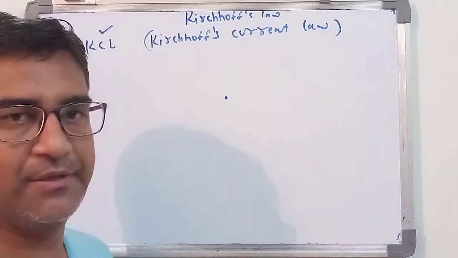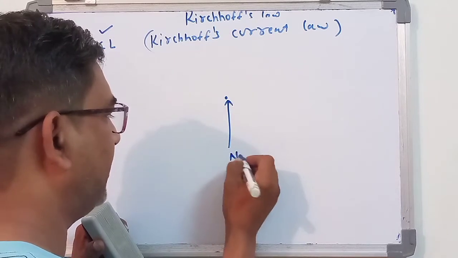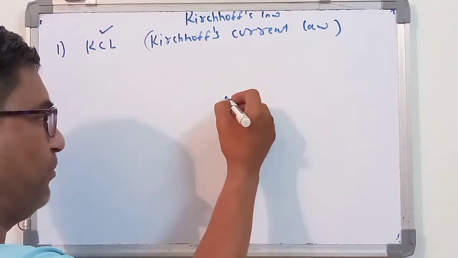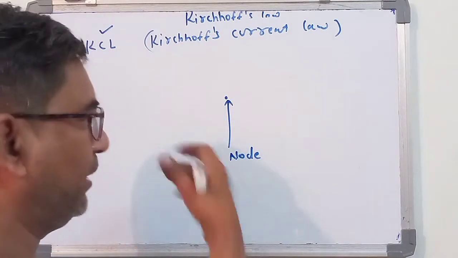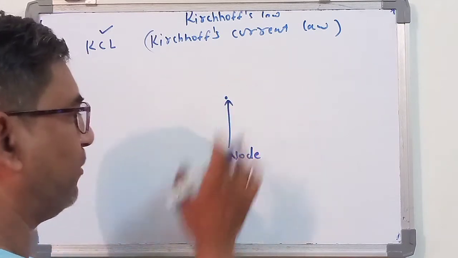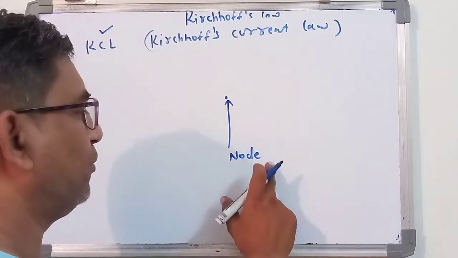In this law, this dot is considered a node. In various books the point has different names, but in electrical it is called a node.